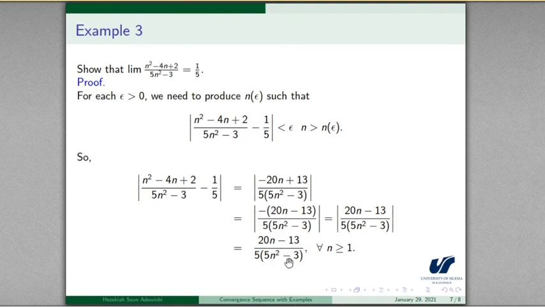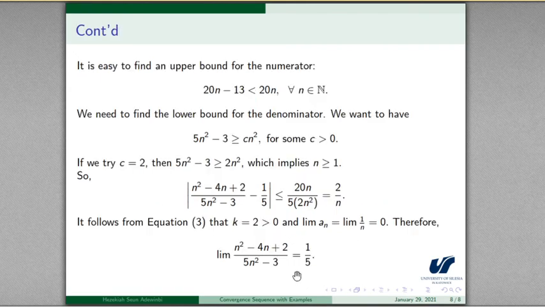So from this now, we have to simplify this like the first, like the second example. In doing that, it is easy to find an upper bound for the numerator. Why? Because this is negative.